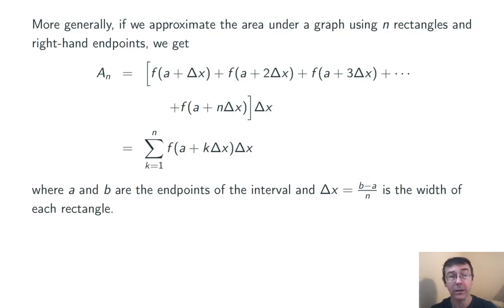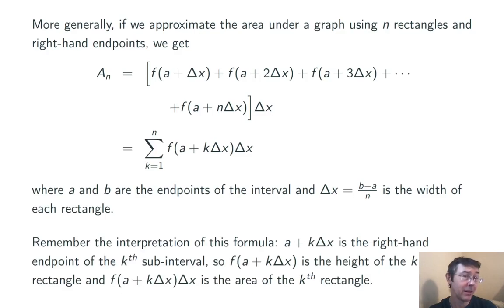Written more succinctly, the sum from k equals 1 to n, f of a plus k delta x times delta x. Of course, a is the left-hand endpoint, and b is the right-hand endpoint here.